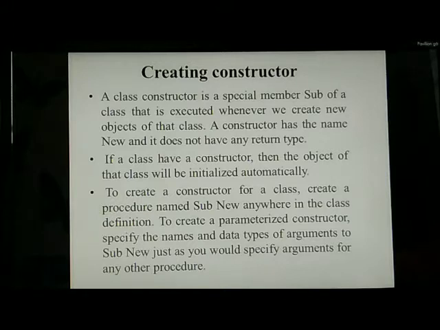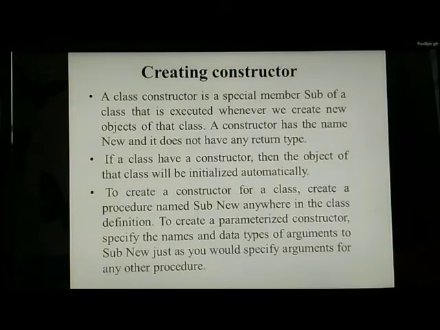To create a constructor for a class, create a procedure named Sub New anywhere in the class definition. To create a parameterized constructor, specify the names and data types of arguments to Sub New, just as you would specify arguments for any other procedure.